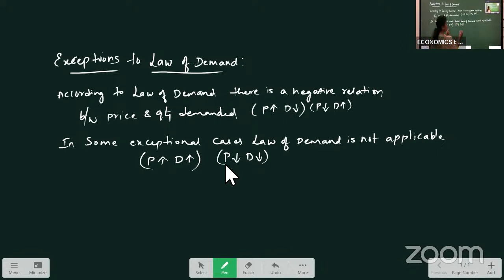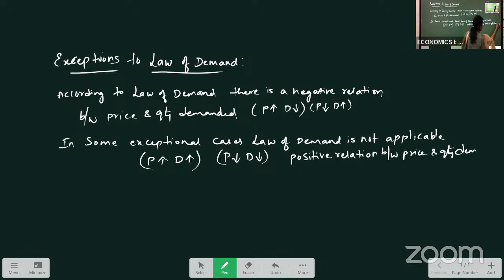So there is a positive relation between price and quantity demanded.